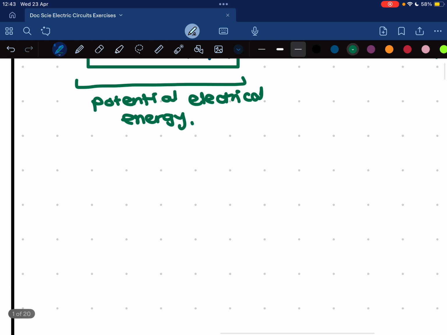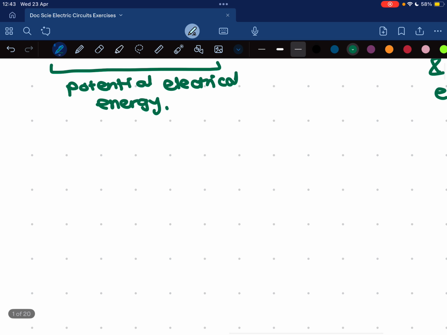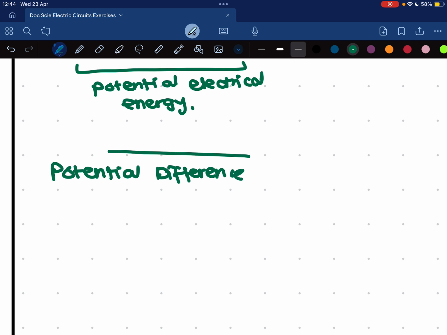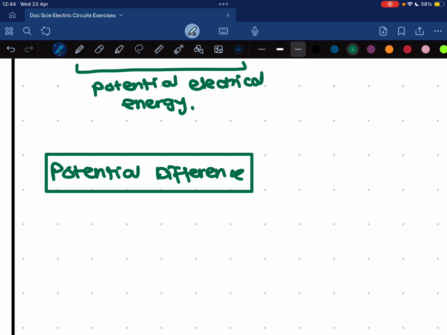So if we consider then the potential difference, we can define it as the work done per unit positive charge. So that is also a SAGS definition.